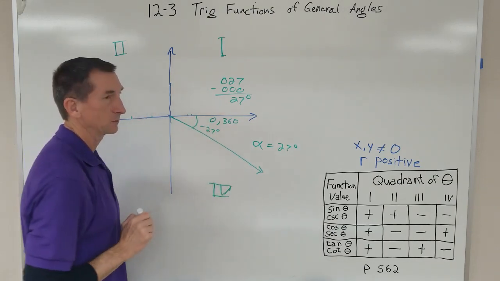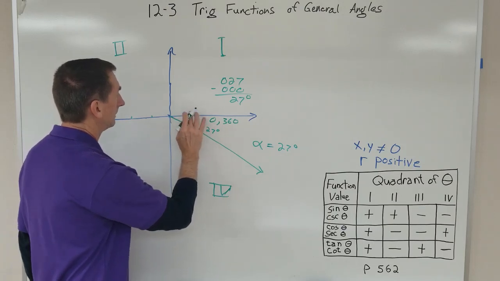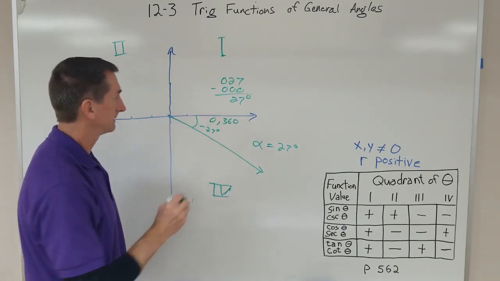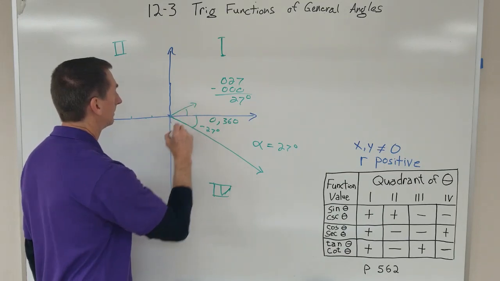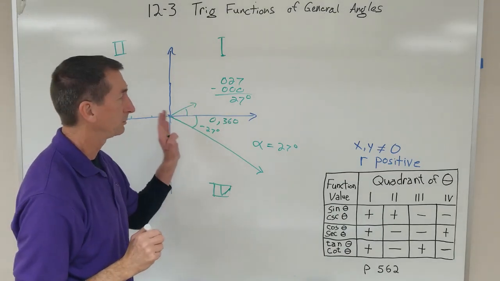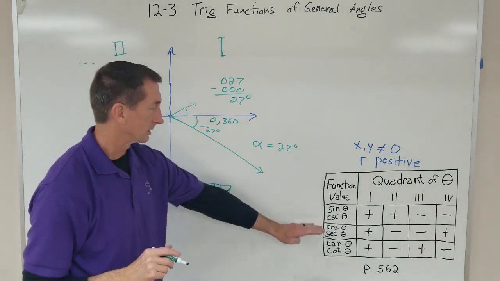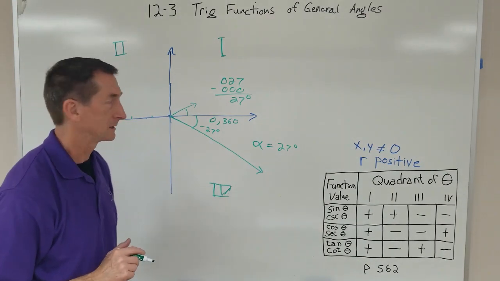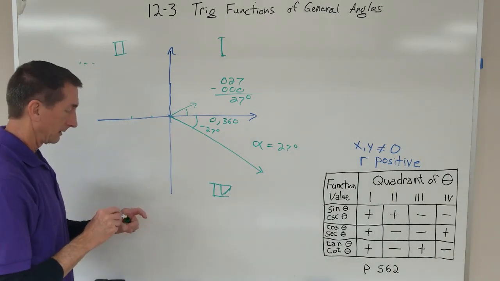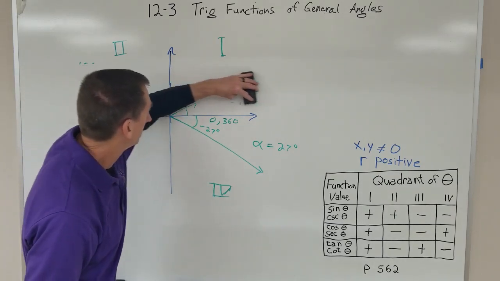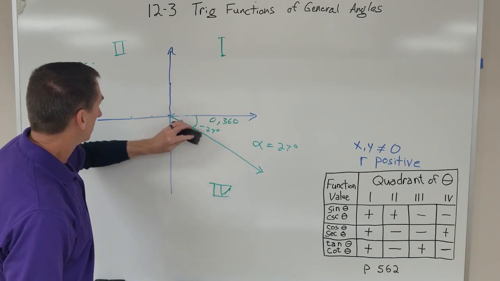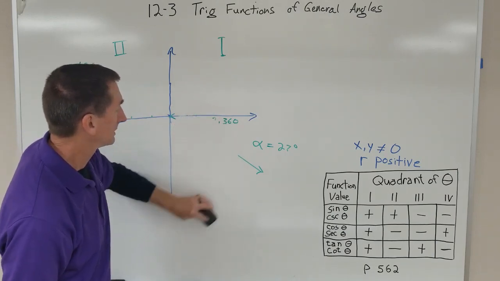This is a 27 degree angle, and it's going to have the same characteristics as a 27 degree angle right there, with a few minor exceptions, which we'll deal with in this table. Okay, that's all fine and dandy. What happens if we've got a humongous angle?